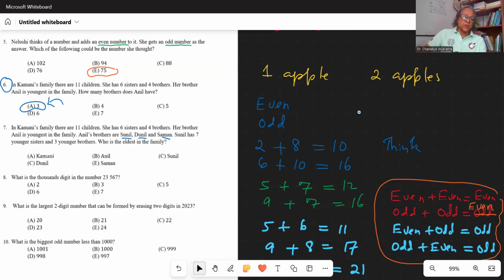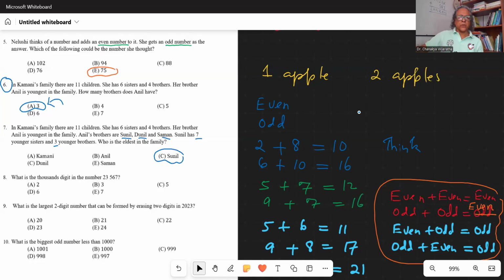Sunil has 7 younger sisters and 3 younger brothers, so altogether he has 10 younger siblings, 7 plus 3. Then he is the only other one, and he has to be the eldest. So the eldest is Sunil, right? A little bit of logical thinking, interesting, but not difficult.